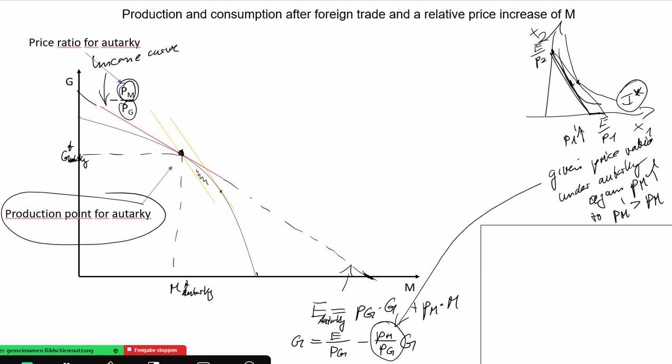So this one now is our production point with trade. Here again, slope of TC equals now our new price ratio PM prime over PG.